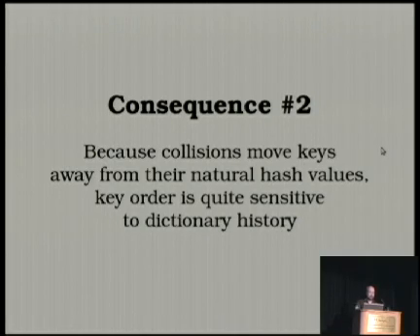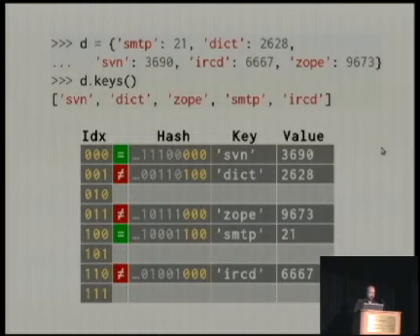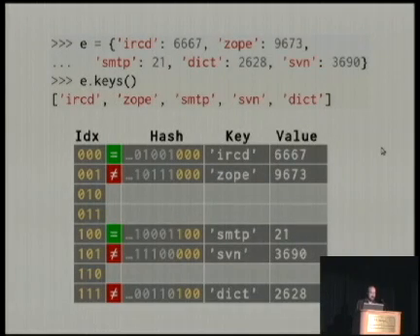So let's start drawing some consequences. First, because collisions move keys away from their natural hash values into a backup location, key order is quite sensitive to dictionary history. If we build, for instance, the dictionary in this order, which is the order by port number, they go in the order we just found, and SVN happens to be listed first if we ask for the keys. What if we build the exact same dictionary, though, and insert IRCD first?